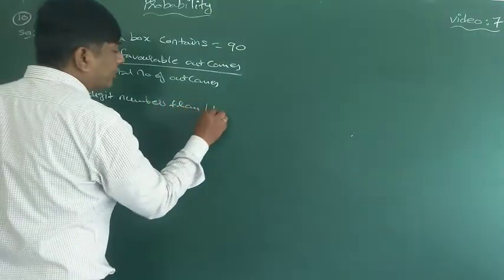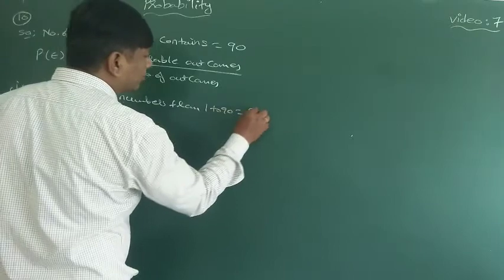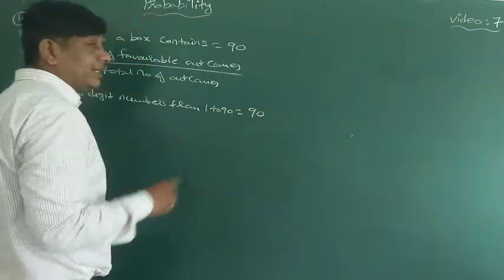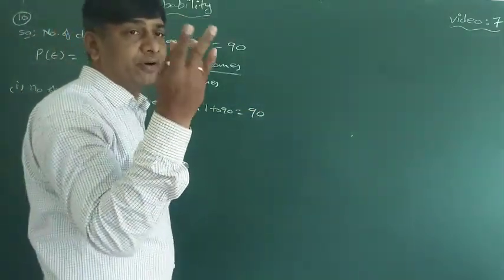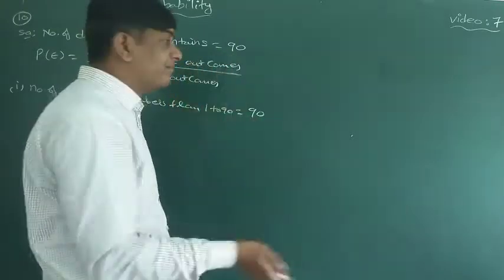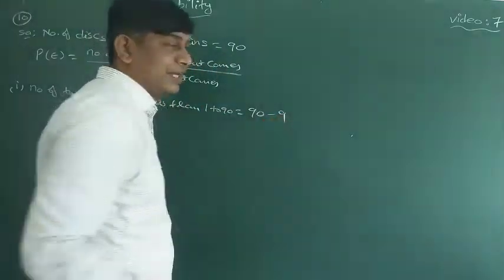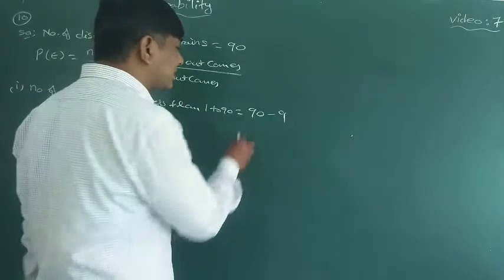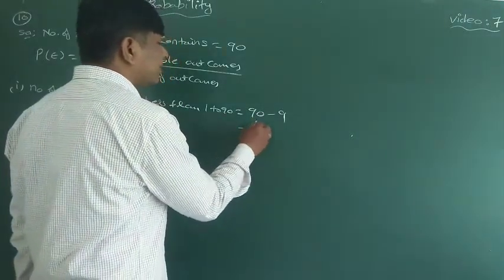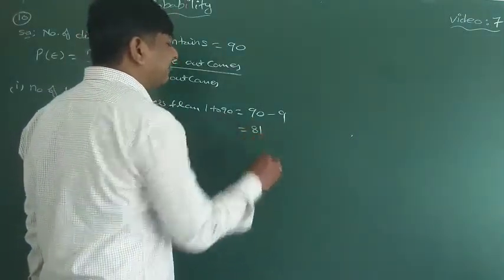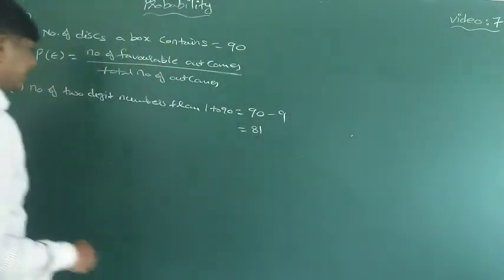From these 90 numbers, 1, 2, 3, 4, 5, 6, 7, 8, 9 are single digit numbers. From 10 onwards, all numbers are 2-digit numbers only. So 81 are there.